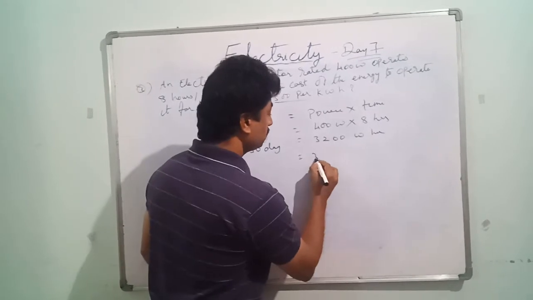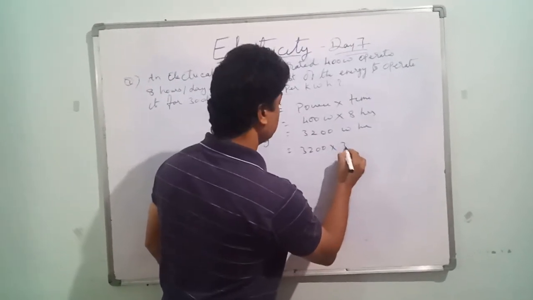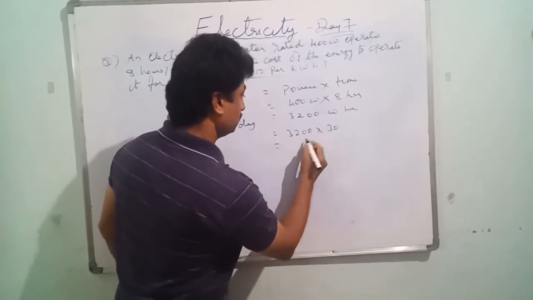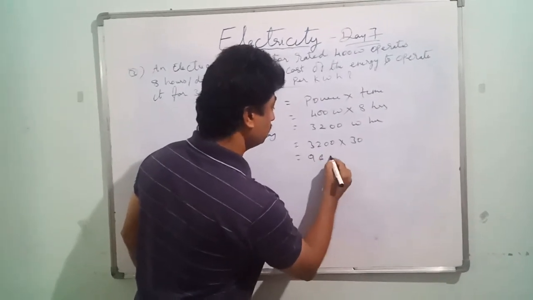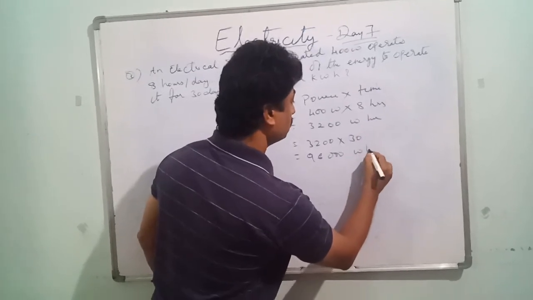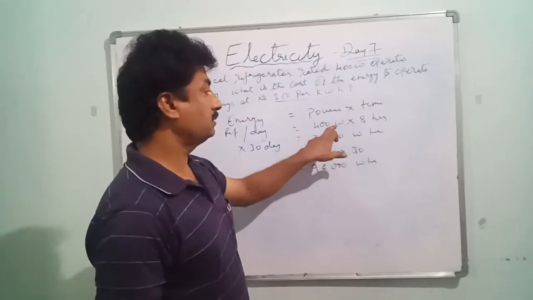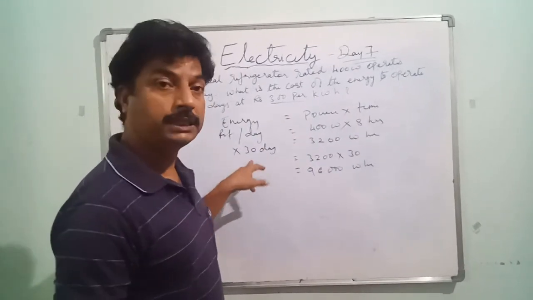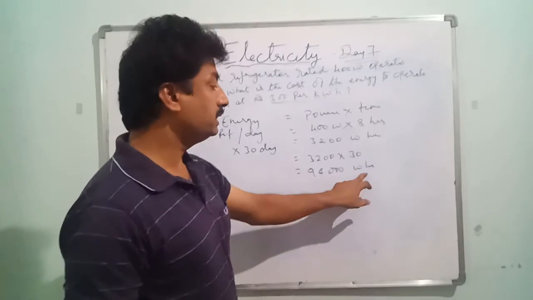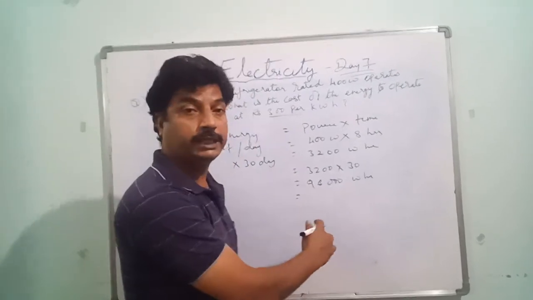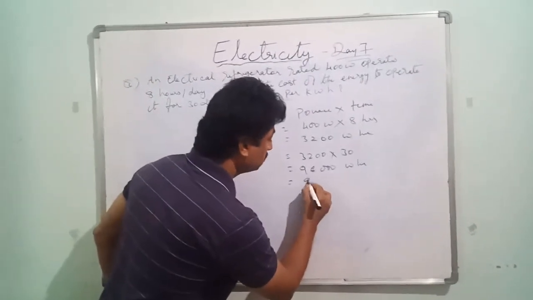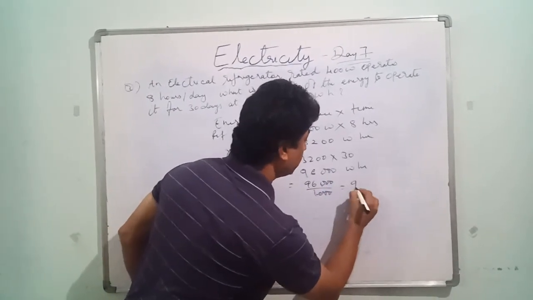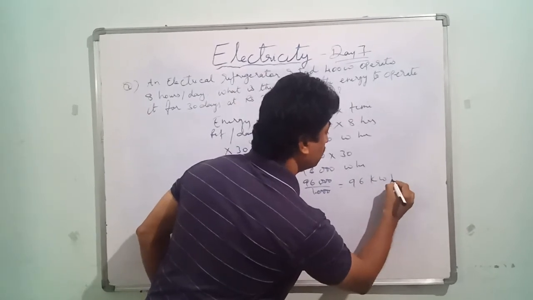It will be 3200 into 30, which is 96000 watt hours. First we calculated watts into hours, that is 3200, then we calculated per day to per month, that is for 30 days. Now this is in watt hours. To convert to kilowatt hours, you need to divide by 1000, and it will be 96 kilowatt hours.